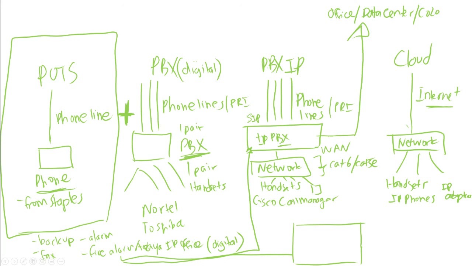That way you can use it in the event that the PRI or the SIP fails. You can switch over to this line and keep using your IP handsets. And if the PBX itself fails, you can't use your handsets anymore, but you can still have your backup.